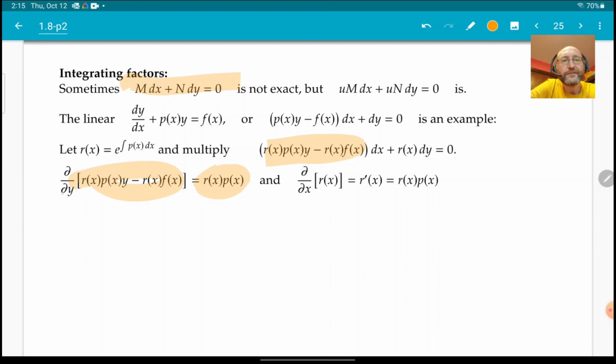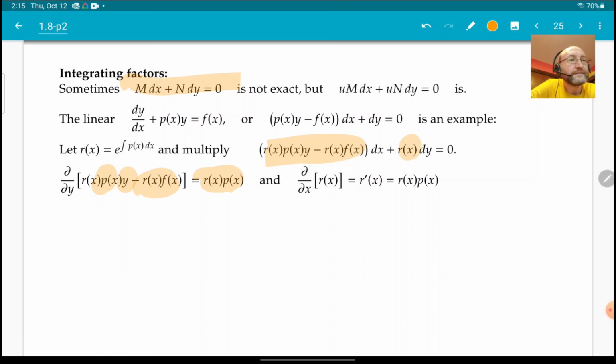Notice here, it's something that depends on x times something that depends on x times y, and we're differentiating in y. So it's just y times a constant as far as that differentiation is concerned. So it's just that constant, rp. And the other thing doesn't depend on y at all, so its derivative is 0. So we get rp over here.